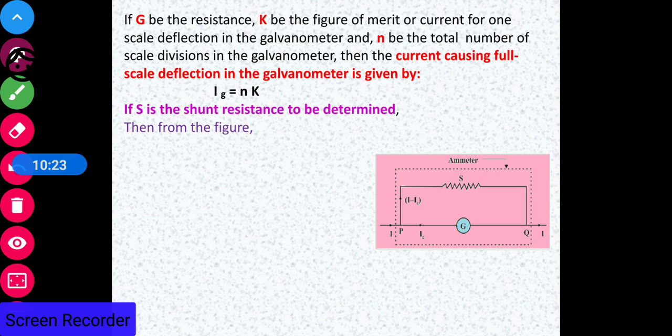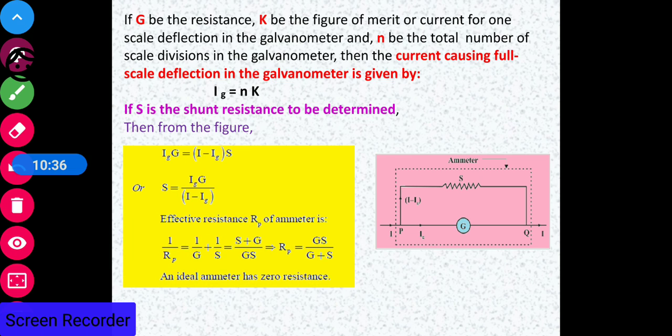Now if S is the shunt resistance to be determined, which is the shunt resistance we connected in parallel, then from the figure it is clear that the current through the shunt is I minus Ig.